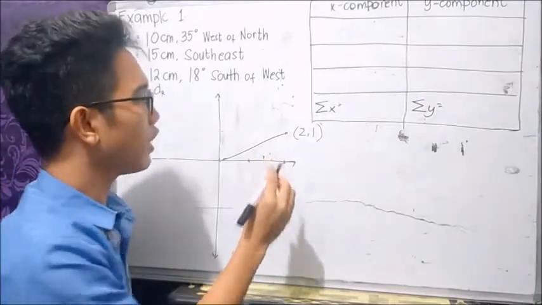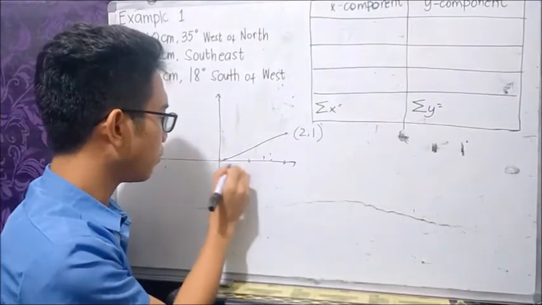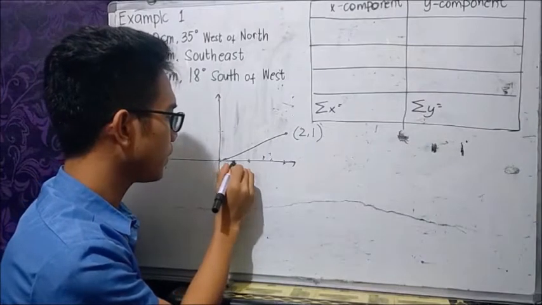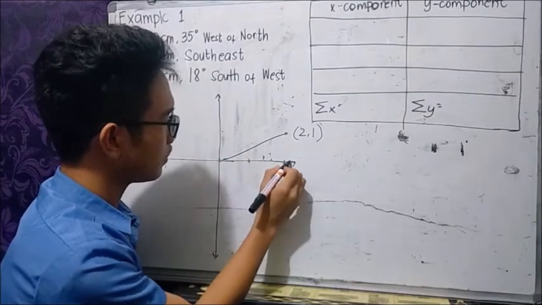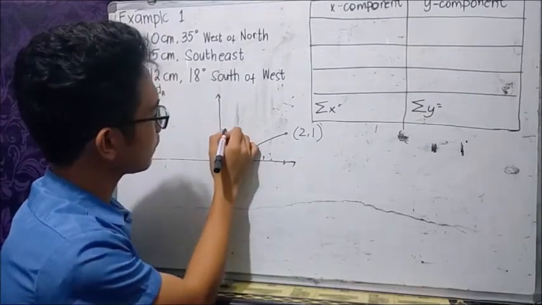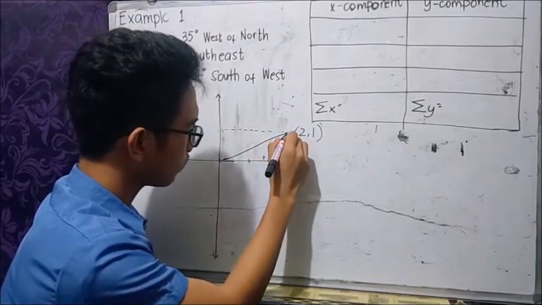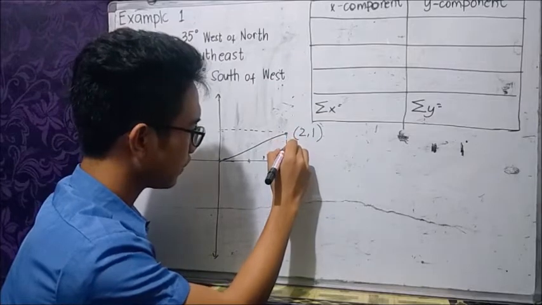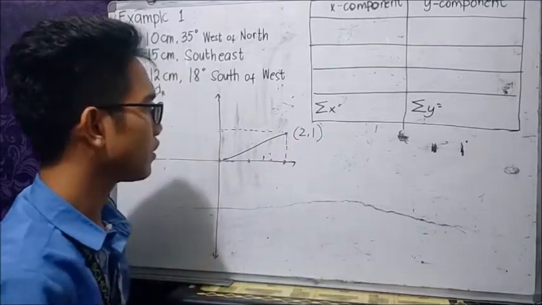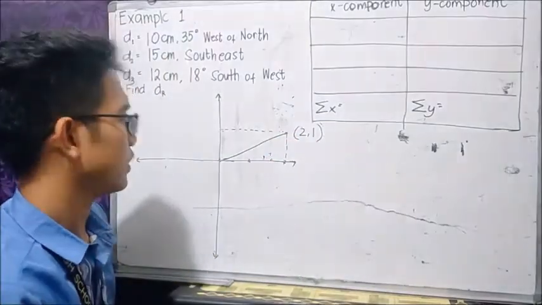Now, the x component is 2 units from the origin. So we can draw this, and then you can draw a line on this to represent your y component.